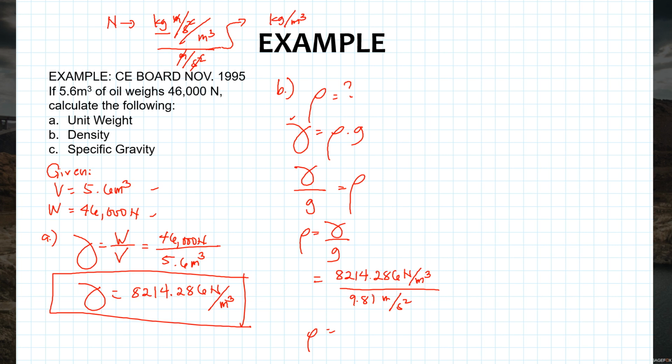Okay, so make sure that our unit for unit weight before dividing it by G should be in Newton per cubic meter. So dividing the two, 8214.286 divided by 9.81 is 837.338.